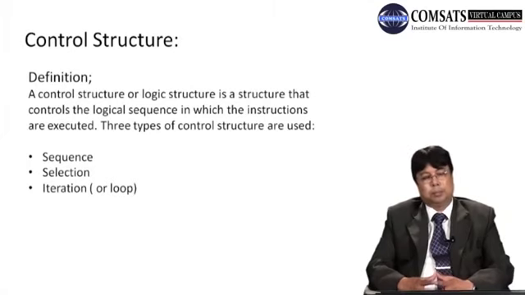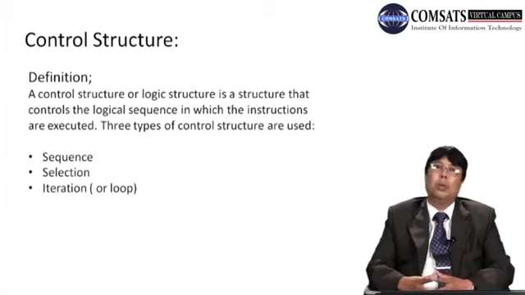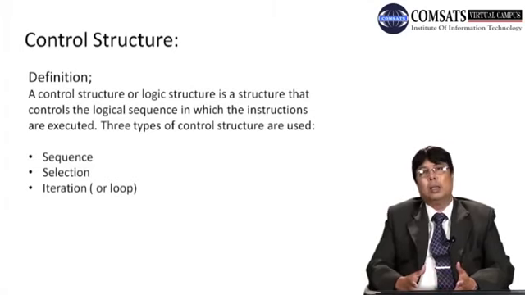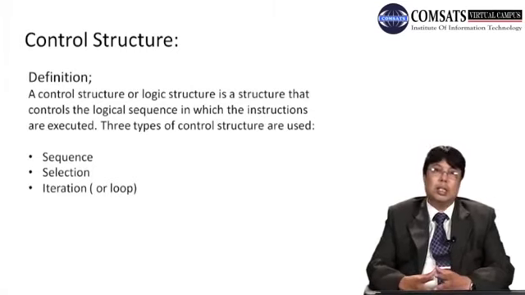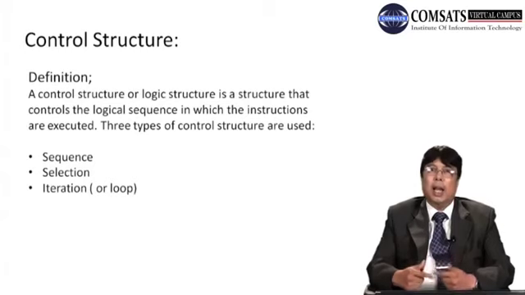Next is selection, decision box के through, in flowchart या if statement के through in a pseudocode. You can determine your path. If true, then do this. If not true, then do that. This is the selection. Next is iteration, repeating again and again.